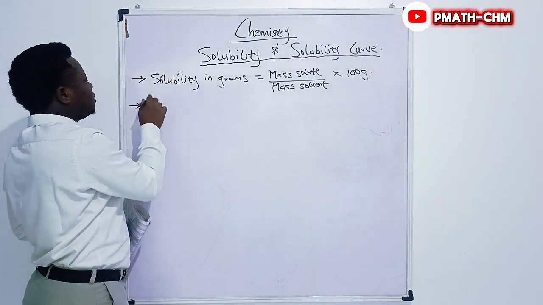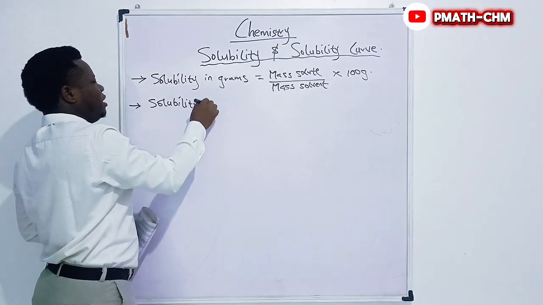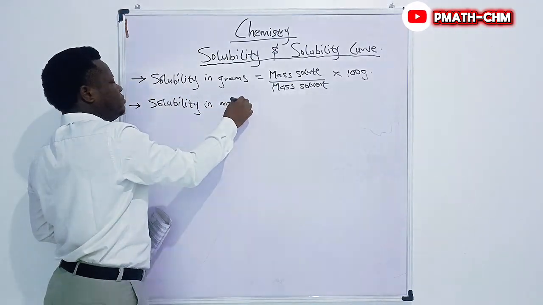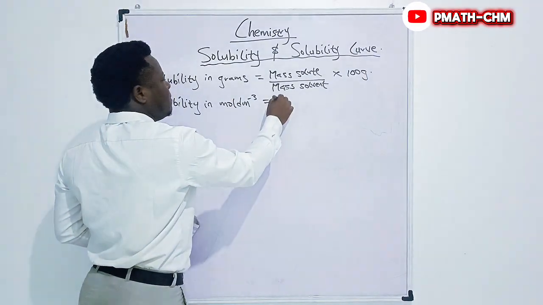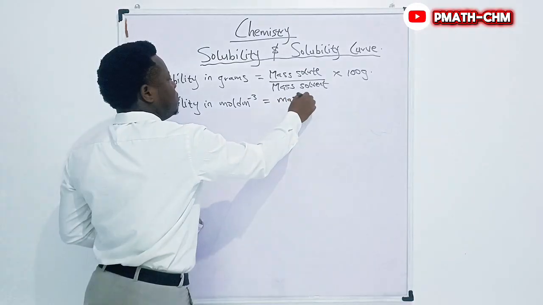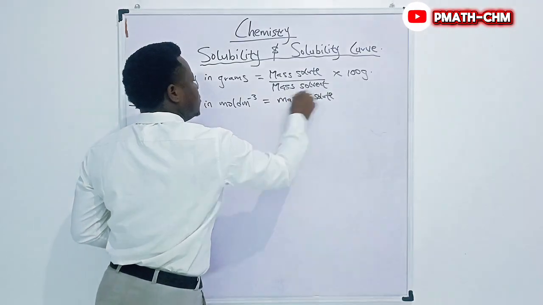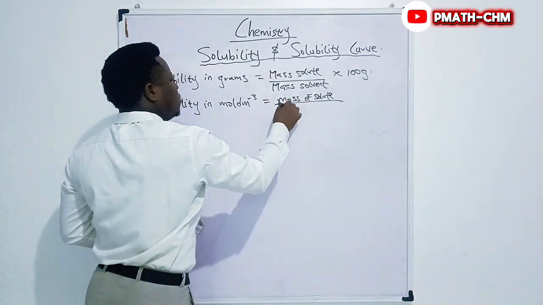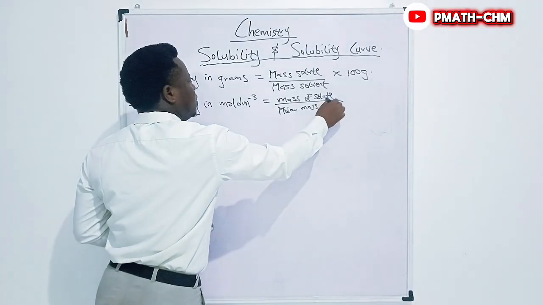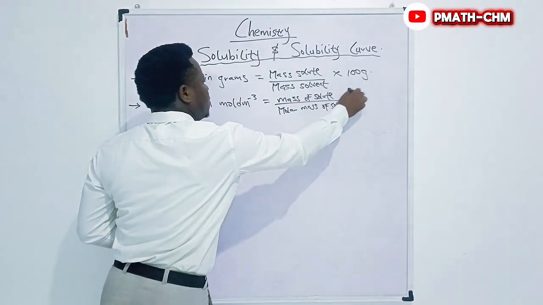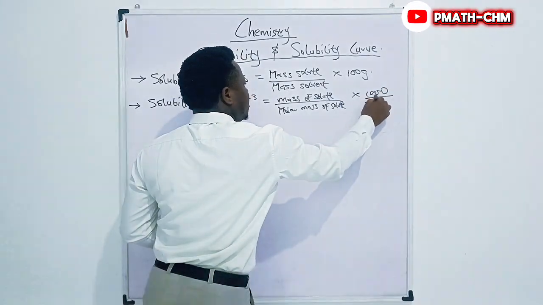Now, if you are to calculate solubility in moles per dm³, the formula you apply is mass of solute over the molar mass of your solute multiplied by 1000 over volume.